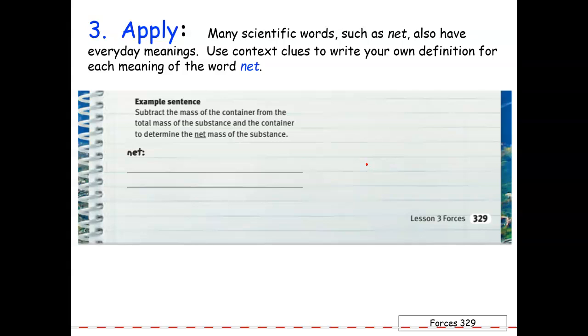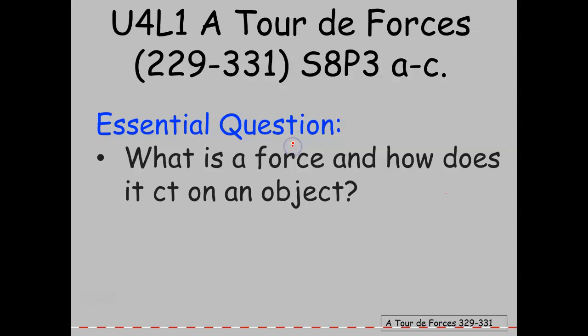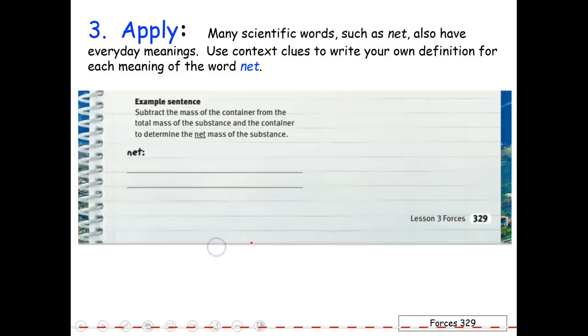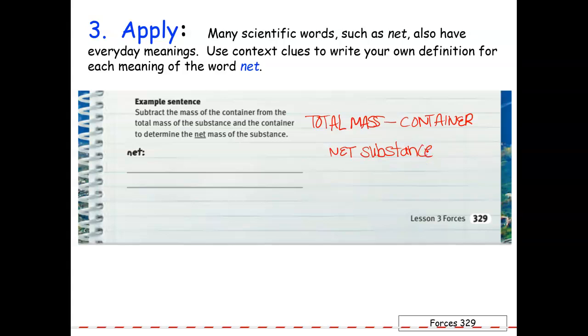So you're going to take the total mass minus the container, and that's going to give you the net mass of the substance. So you've got to define it in these terms instead of a fishing net.